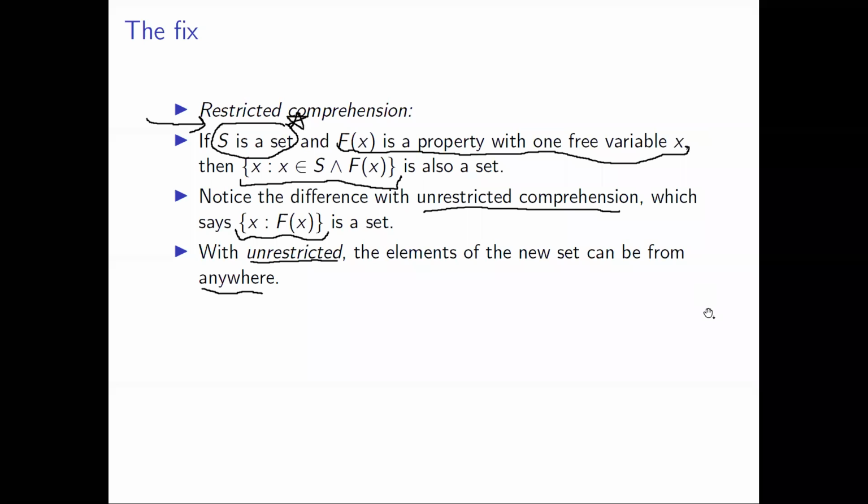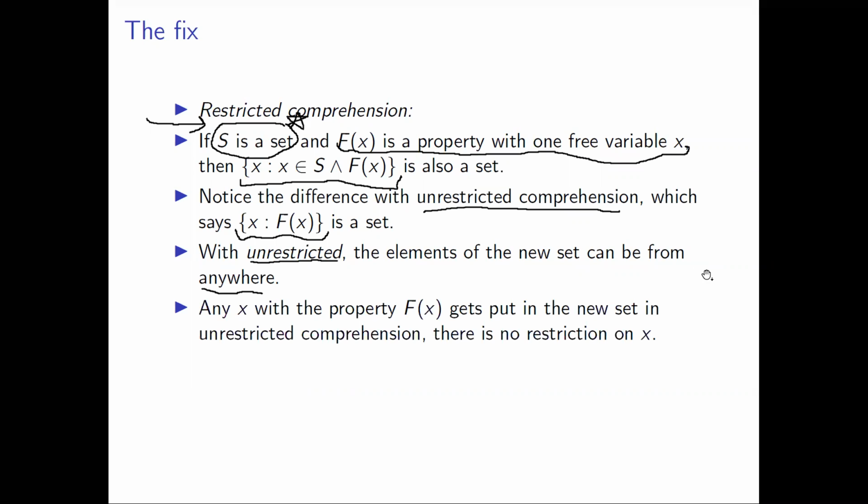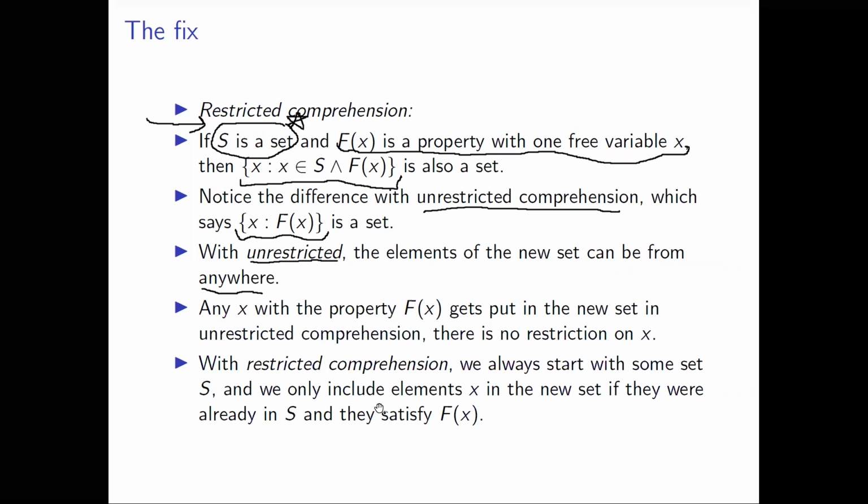On the other hand, as we can see in that second bullet, for the restricted comprehension there is a restriction, and that's why it's called restricted. The restriction is that those elements that we are including in the new set have to come from the same old set.